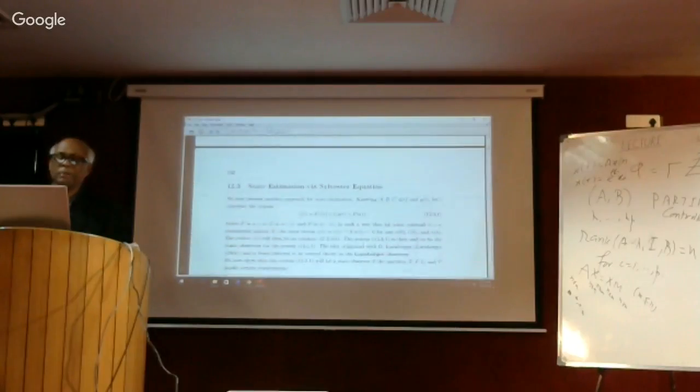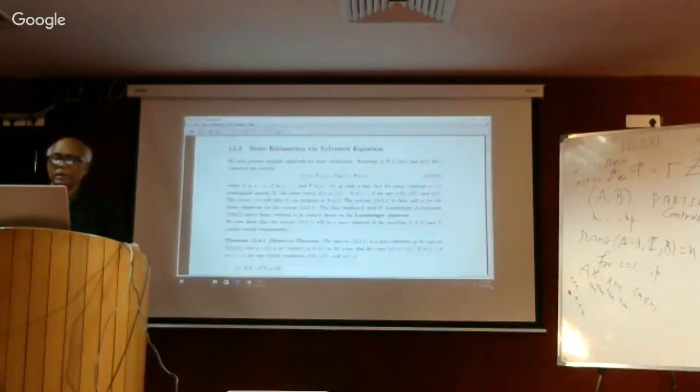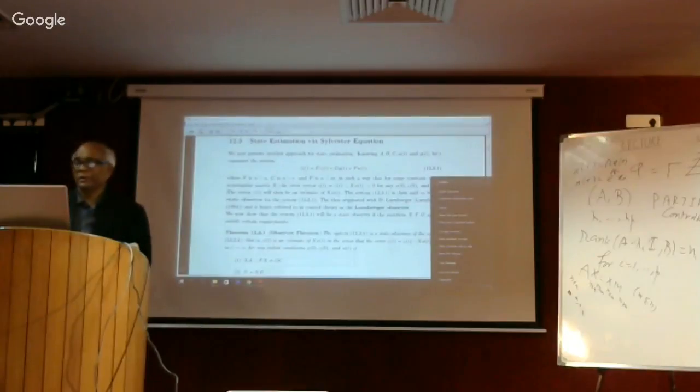There is another approach, where we'll see how the feedback assignment problem, or the eigenvalue assignment problem, can be replaced by the problem of solving a Sylvester type of equation. That will show you the connection between the Sylvester equation and the eigenvalue problem.